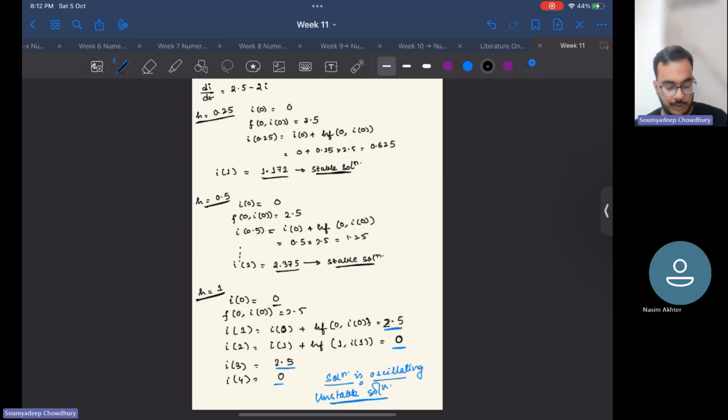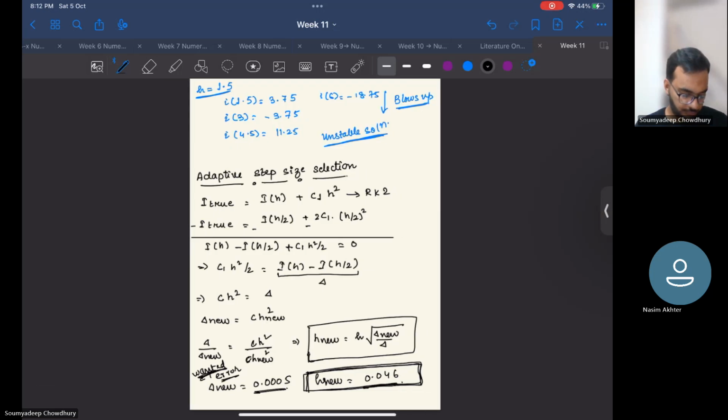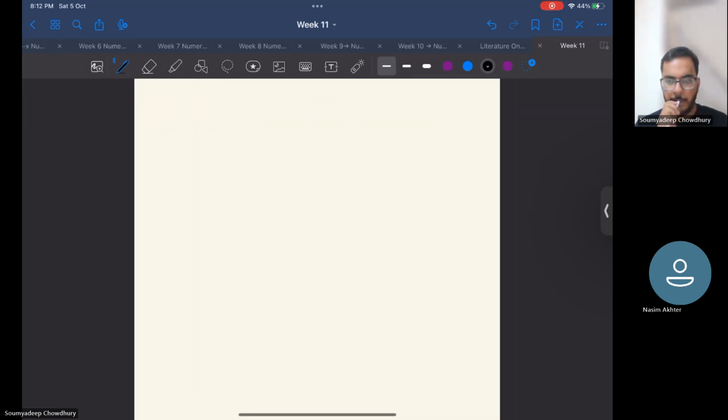Okay, so we'll start the next topic. Okay, so now we will see one more numerical technique for solving ODEs, which is known as the predictor corrector technique.